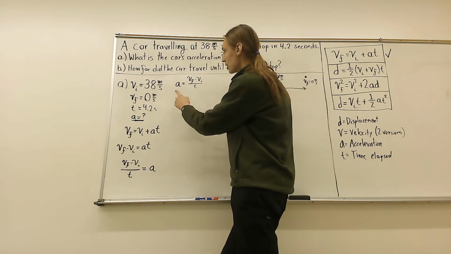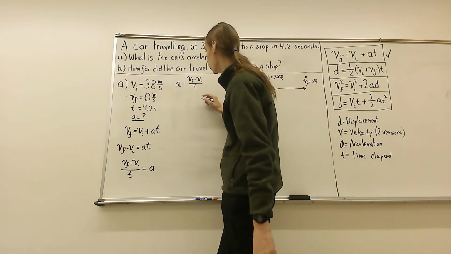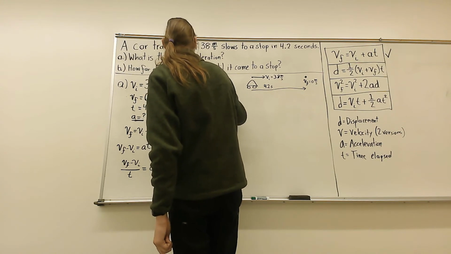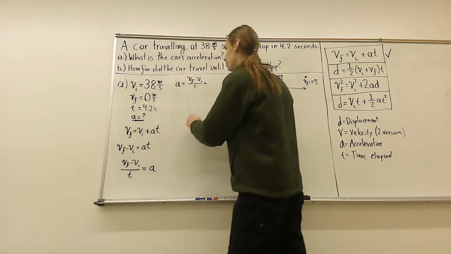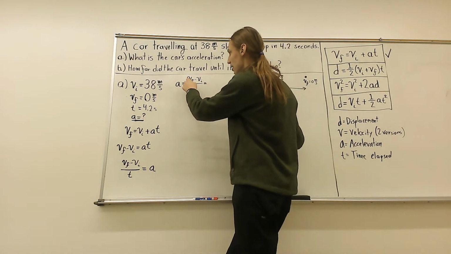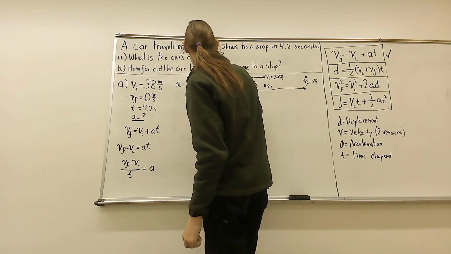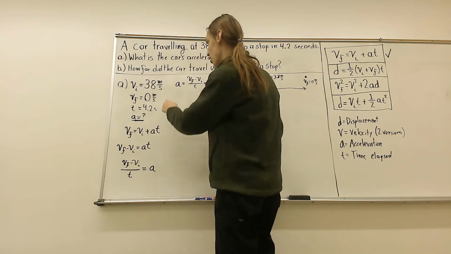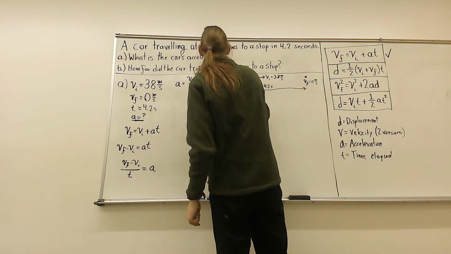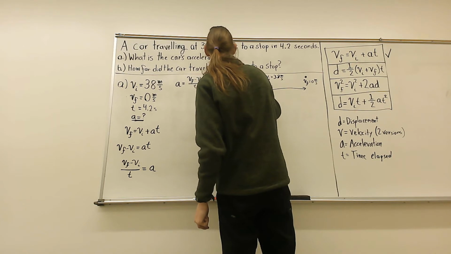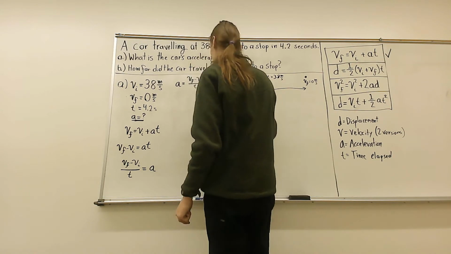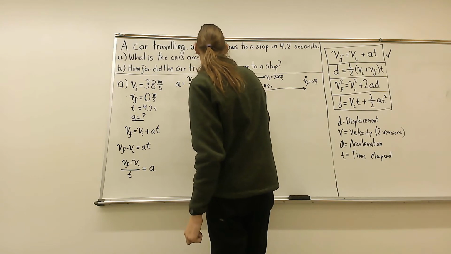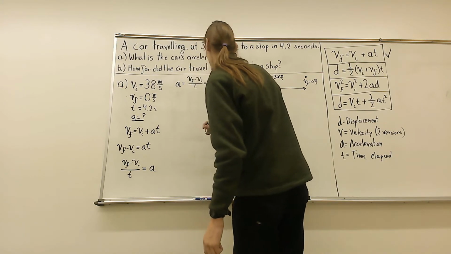So at this point, let's plug in our numbers. We know that vf is equal to 0. So we have 0 meters per second minus our vi, which is 38 meters per second, divided by our elapsed time, which is 4.2 seconds.